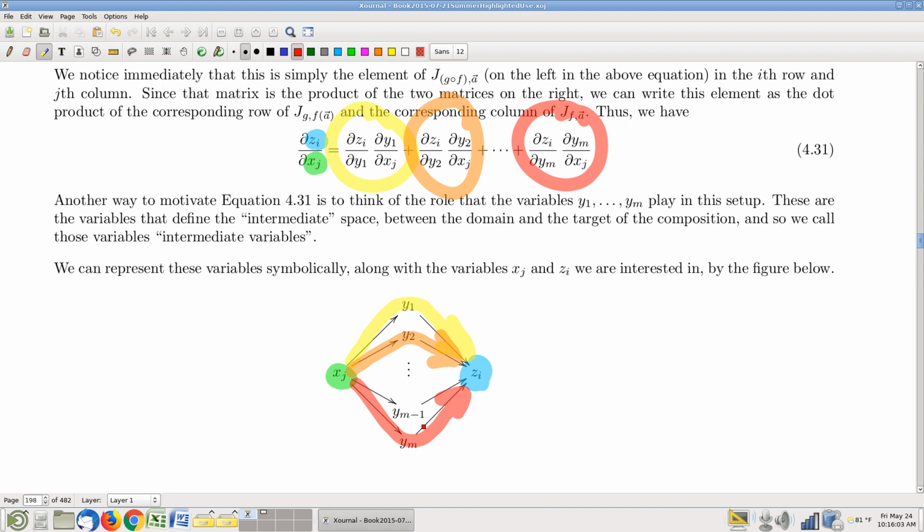And this propagation of changes through what I like to call intermediate variables is very handy. Day in and day out, very often we need to look at a picture where there's a bunch of variables that are related by dependencies of, this is a function of that, and just being able to look at the paths is very often the most direct and convenient way to think about how the chain rule works.